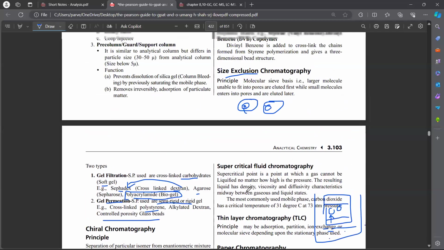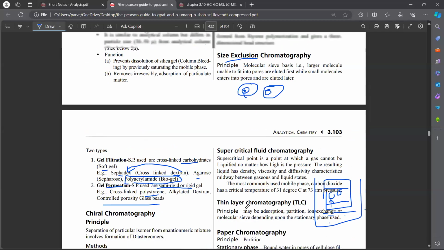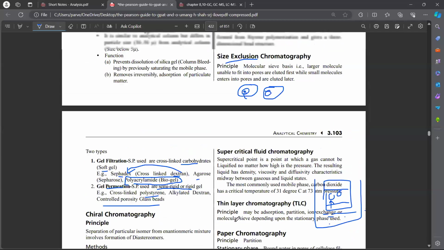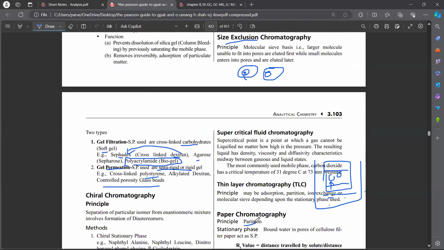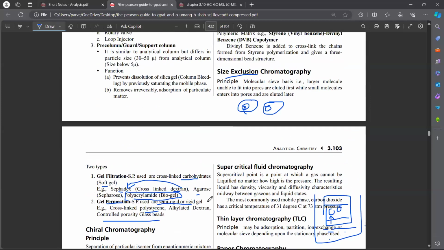What is the principle of paper chromatography? Partition, great. Is the stationary phase polar or non-polar in paper chromatography? Polar, great, guys.